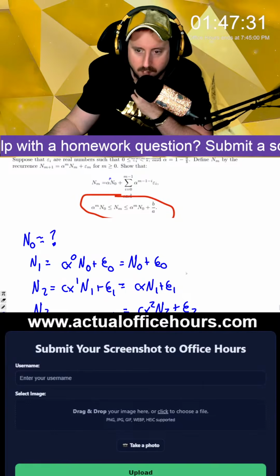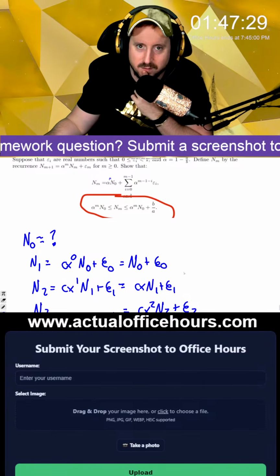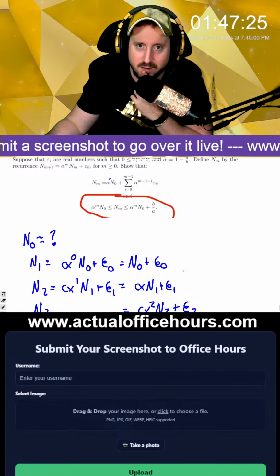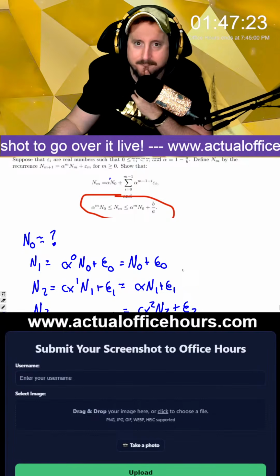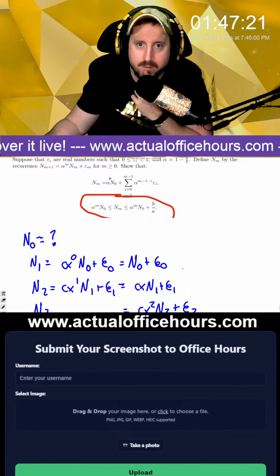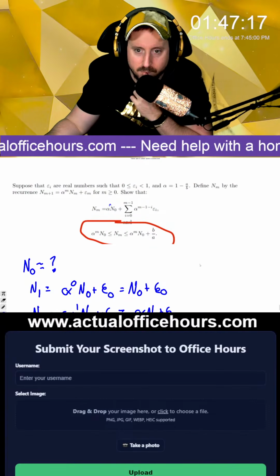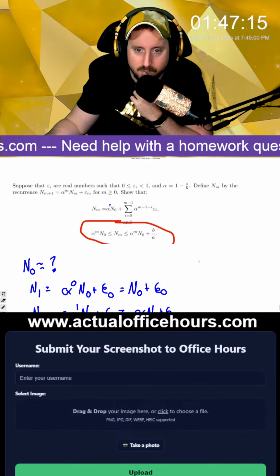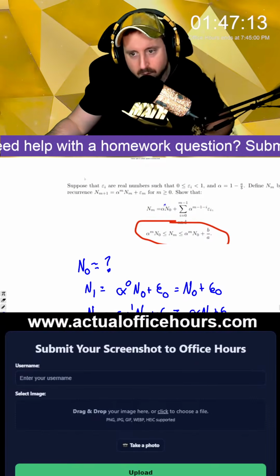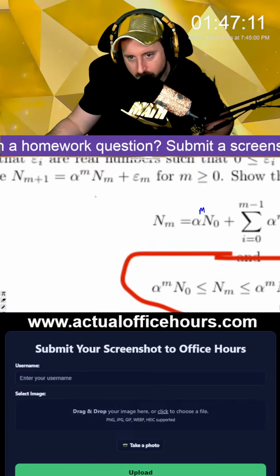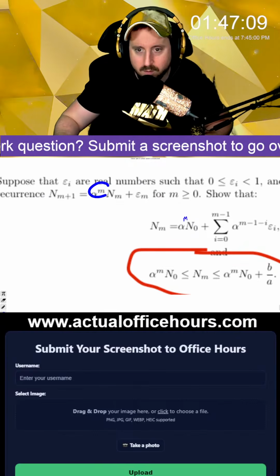I'm looking at the chat right now, and it wasn't making sense in my head. They're saying they switched the alphas. It should be alpha in the recurrence, and alpha to the m in N sub 0, right? They forgot to put the m power there, and they put an m power there for no reason.